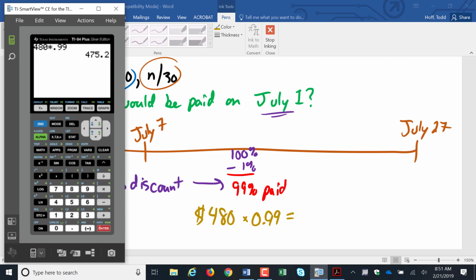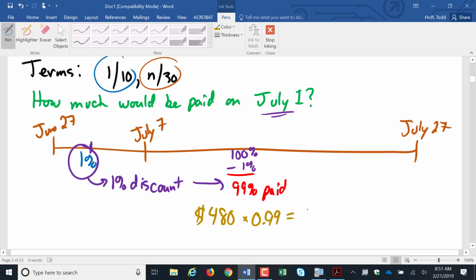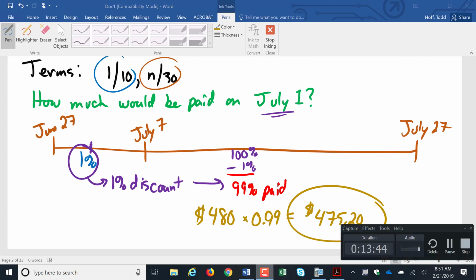Giving us $475.20. Is the amount that's going to be paid if it is paid on July 1st during that discount period. So that is the invoicing and payments within the discounts and credit periods of an invoice.